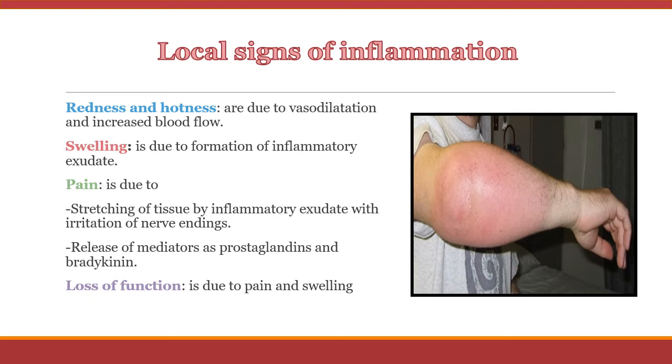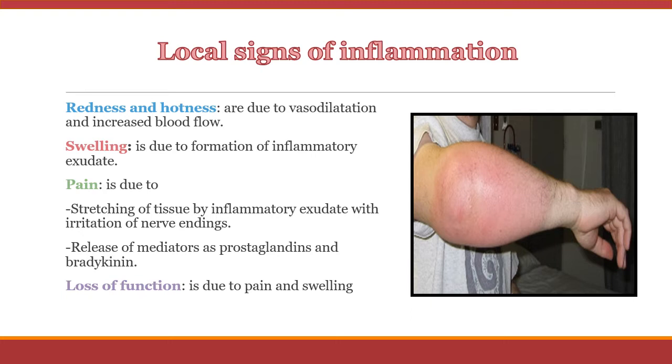Then why do we have pain? Pain is caused by two main reasons. First of all, there are mediators that are released in the area of acute inflammation that lead to painful sensation, like prostaglandins and bradykinin. The next cause of pain is when we have inflammatory exudates in the interstitial tissues, the tissues will be kind of stretched and irritated.